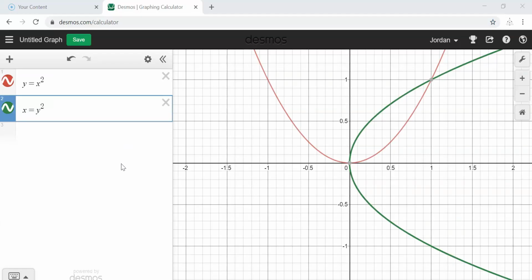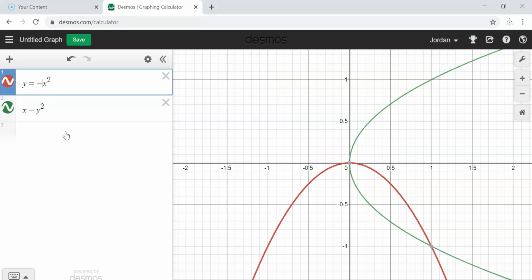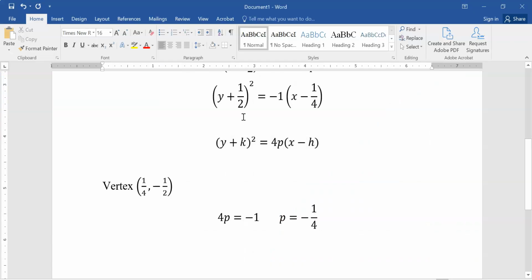What I like to do is think back to my parabolas with vertex centered at 0, 0. We have y equals x squared. That's pointing up, or if we add a negative in there, that's pointing down. Now our form has a y squared component equaling an x to the first component.